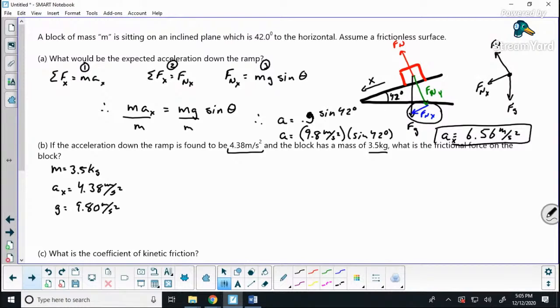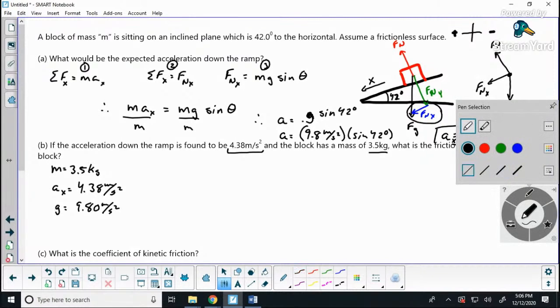And if you're wondering why I'm not putting a negative on that gravity, it's because for these types of situations, where we would normally say we've got positive, negative, etc., because it's sliding down the ramp and I don't want to deal with negatives, in physics, the wonderful thing about it is that we don't have to stay with the normal convention. So we can set going towards the left as the positive.